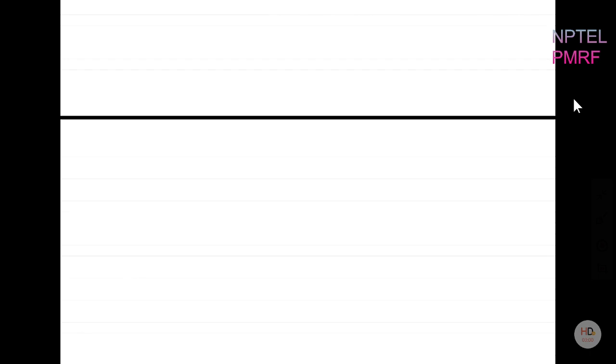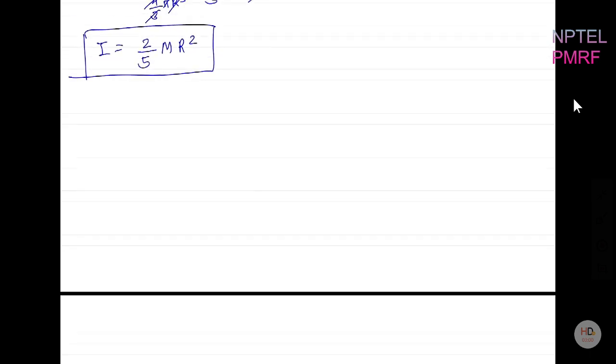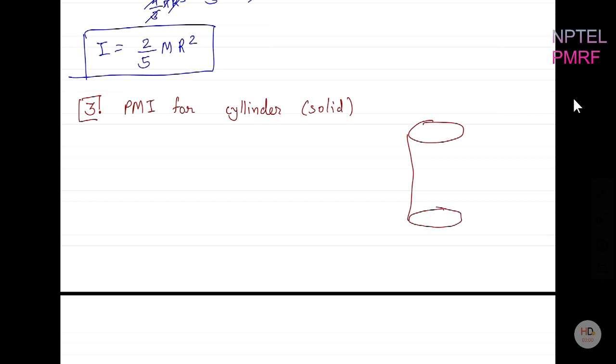Okay, and the final question, the third one, is the moment of inertia for a cylinder, a solid cylinder, not a hollow one. Okay, so now we have a cylinder of height h.